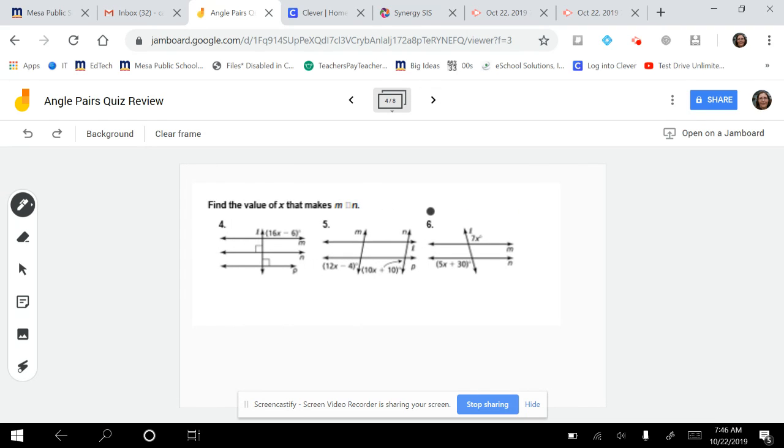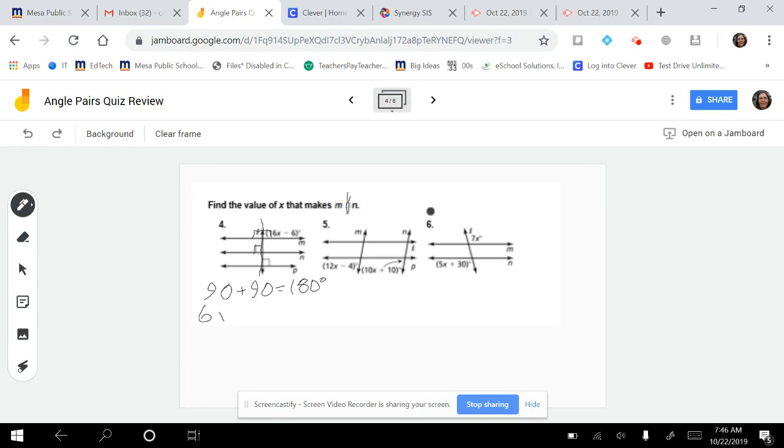And these next ones, everybody. So this one, I'm going to use corresponding angles on this. So if this is 90 degrees, that means that this is also 90. So we want to know what makes the lines parallel. Remember, 90 degrees plus 90 degrees is equal to 180, which means that this is also 90 degrees.